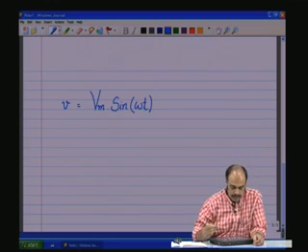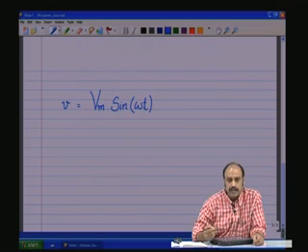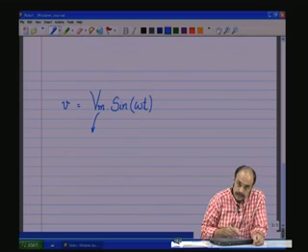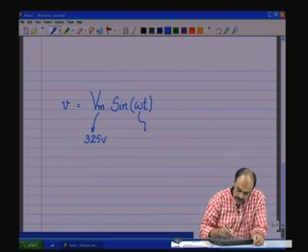This is the equation or the representation of a sine wave, and in our case this is 325 volts. Omega is the radian frequency. So, it is actually 2 into pi into f.